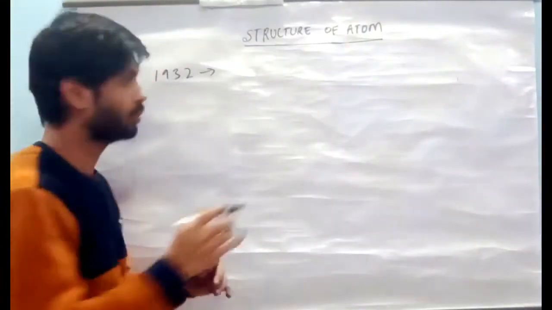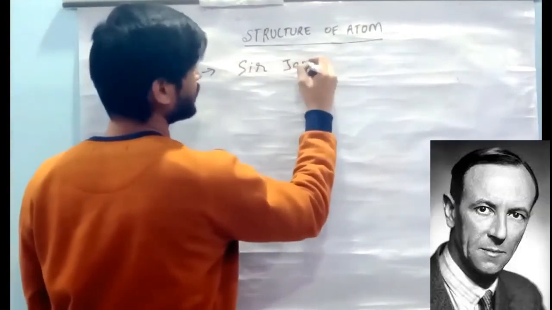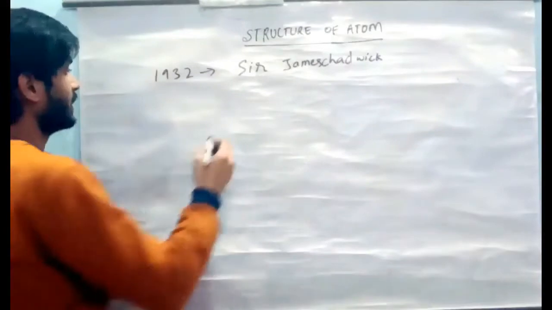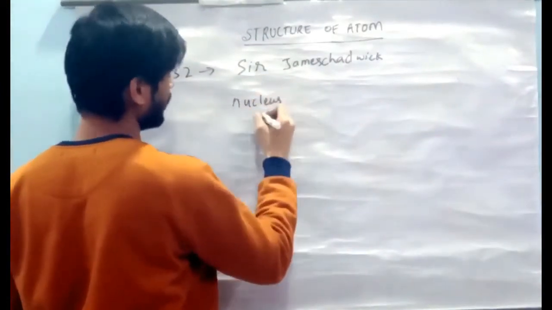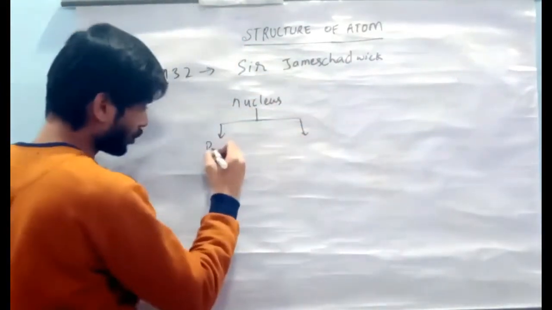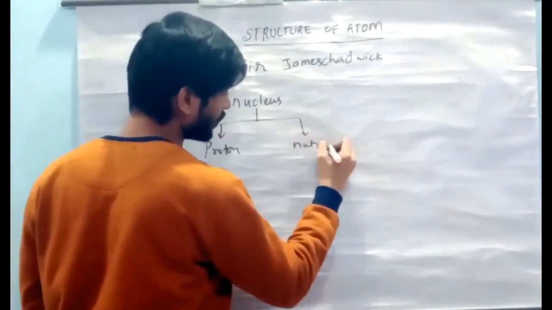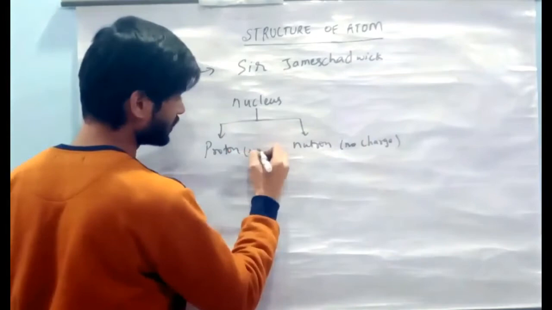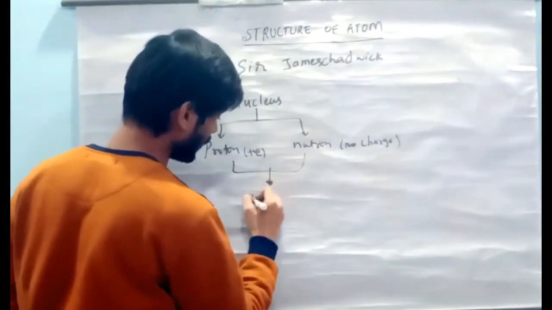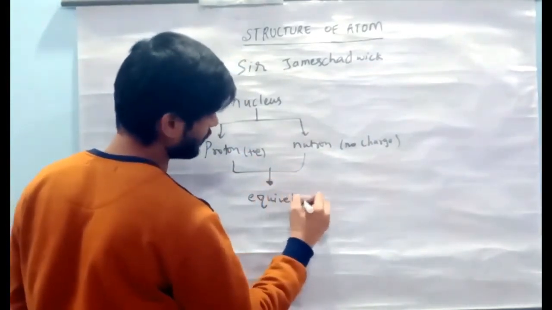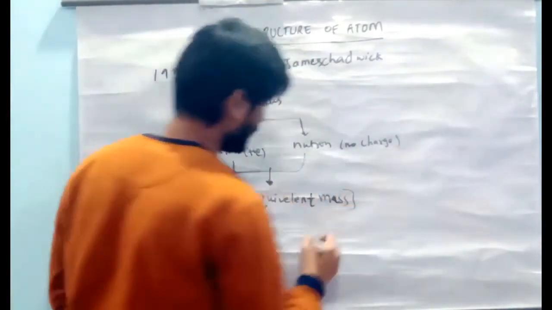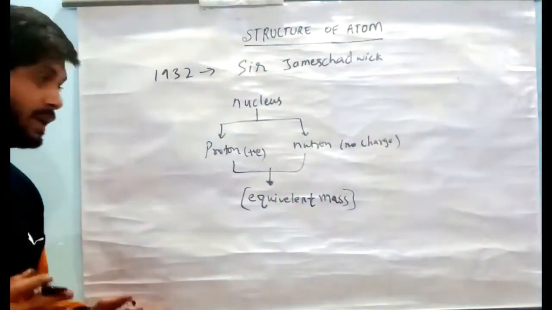In 1932, Sir James Chadwick explained about the nucleus. He said that the nucleus consists of proton and neutron. Neutron has no charge, proton has positive charge, but both have equivalent mass. Now the structure of atom was completed.